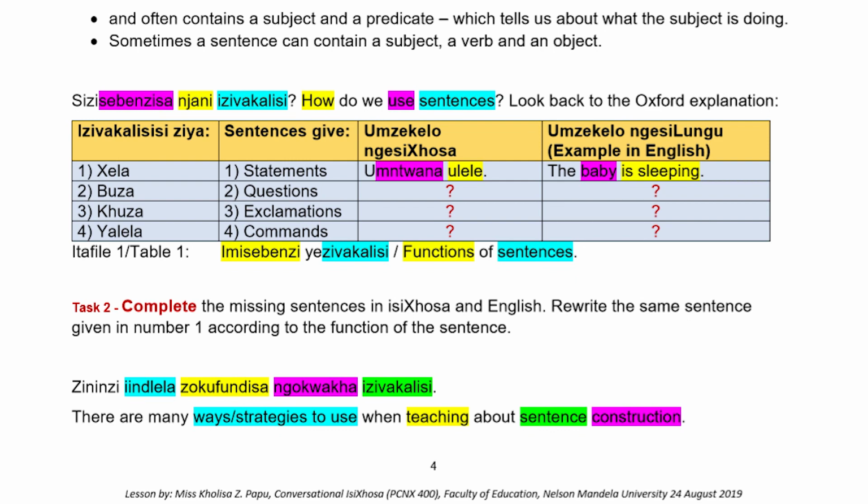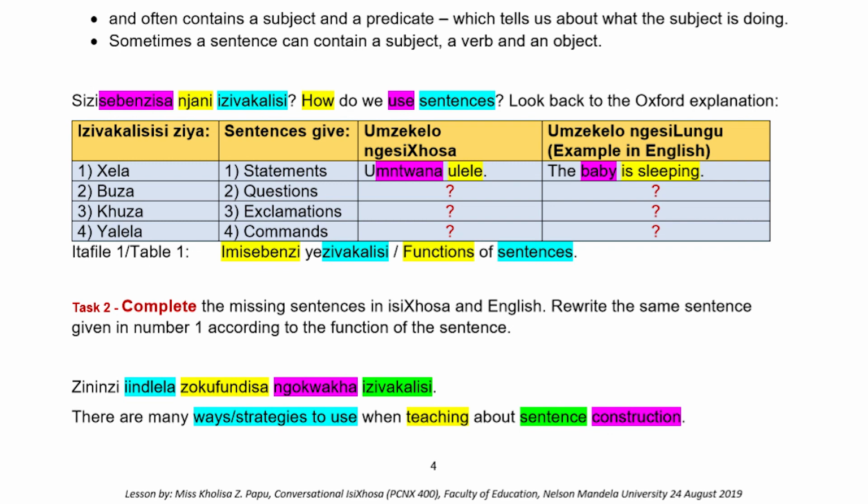Then number 2, use the same example to construct a sentence as a question. Number 3, use the same example to construct a sentence as an exclamation. Sentence number 4, use the same example to construct a sentence as a command.